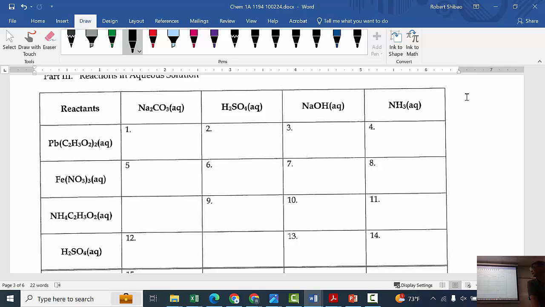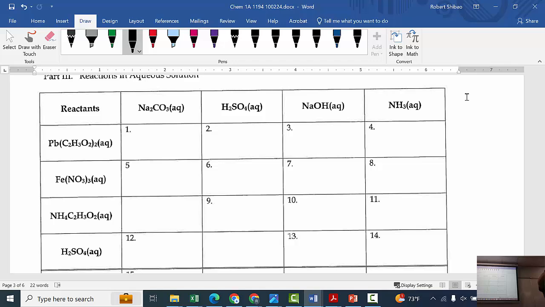Let's go to 9. Ammonium acetate and sulfuric acid. Here it is. So what should I do? Should I add the ammonium acetate to the sulfuric acid or add the sulfuric acid to the ammonium acetate?